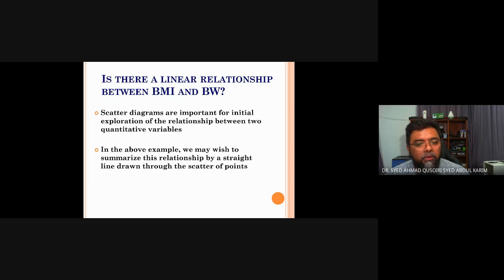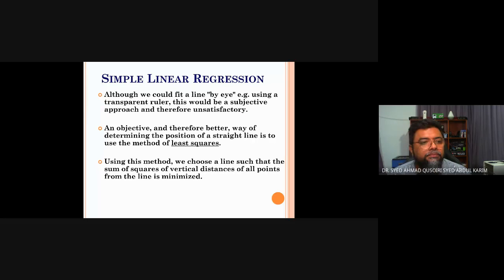Scatter diagrams are important for initial exploration of the relationship between two quantitative variables. So we may wish to summarize the relationship by a straight line drawn through the scatter of points. Although we could fit a line by eye using a transparent ruler, this would be a subjective approach and therefore unsatisfactory.